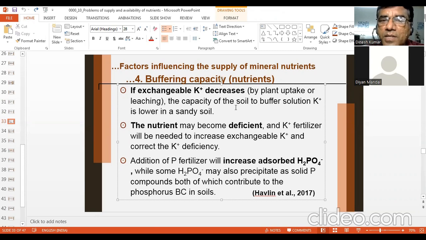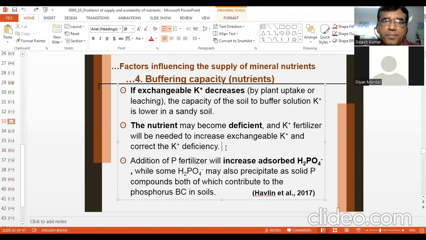The capacity of the soil to buffer solution K is lower in sandy soil and higher in clayey soil. The nutrient may become deficient, and K fertilizer will be needed to increase exchangeable K and correct the deficiency in sandy soil.